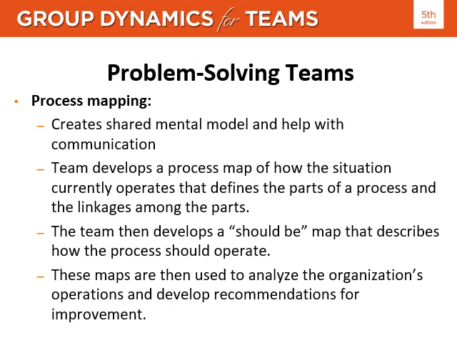That is an as-is map, and it defines the parts of the processes and the links among the parts. The team then develops a should-be map that describes how the process should operate. These maps are often utilized to analyze the organization's operations and develop recommendations for improvement.